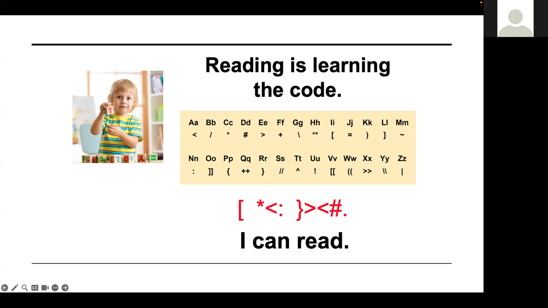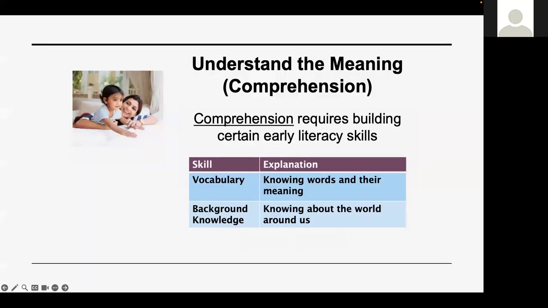Now, the second key part or component that young children need in order to eventually learn to read is comprehension. And comprehension requires building these early literacy skills, vocabulary and background knowledge.